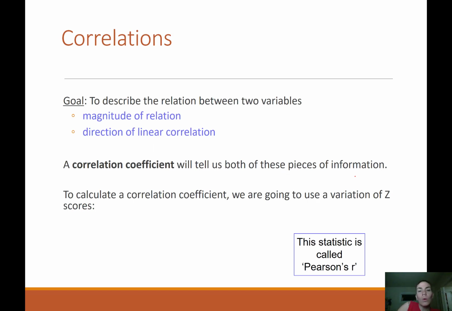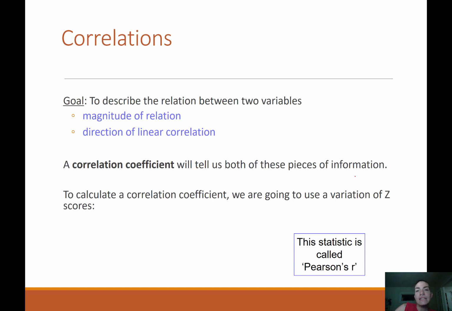So the goal of correlational research is to describe the relationship between 2 variables. So we want to be able to determine how strong the relationship is and the direction of the relationship. And typically what we're calculating are linear correlations here. So you want to determine by scatter plotting the data that there is a linear relationship.